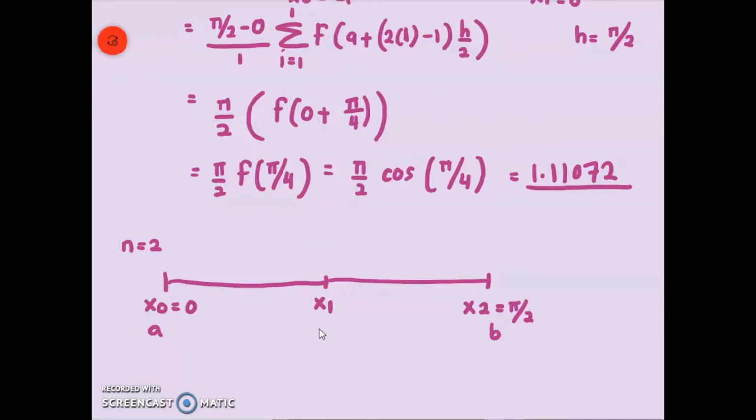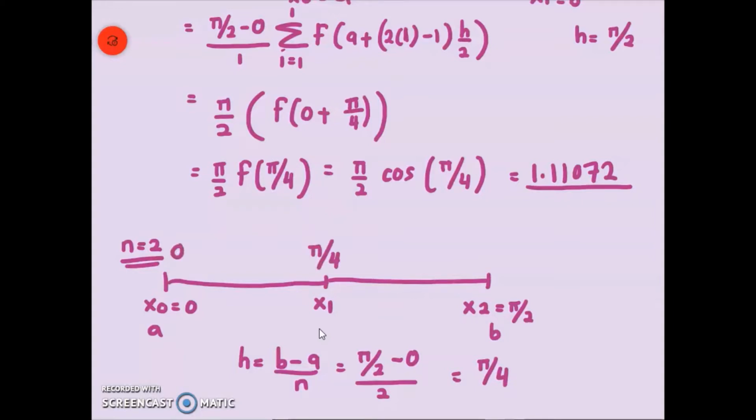What do we know about h? h is (b minus a) over n, so we have (pi over 2 minus 0) divided by 2, which is pi over 4. So x1 is pi over 4, x0 is 0, and x2 is pi over 2.